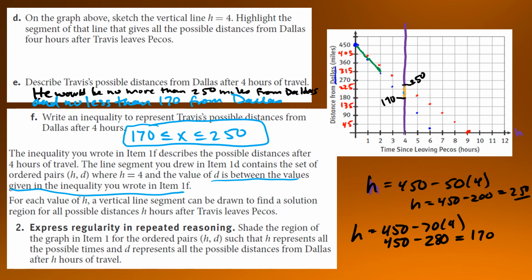I wish I had a highlighter on here so I wouldn't have to green it out completely, but all of the values in between these two lines at any given hour, anything in that green area would be a solution. There's an h, d pair that would be one of the possible times and distances that he could be.